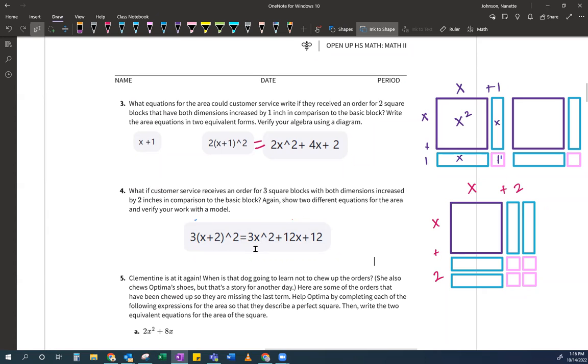She says, I think it'll be 3x squared. So 3 of these, 1, 2, 3, right? And then there'll be 12 of these. So 1, 2, 3, 4. And then 4 times 3 is 12. And then 4. Yes. So this is perfect. Do you guys all see this? Any questions on this? No? Okay. Very good. So I'm going to pause it right here.